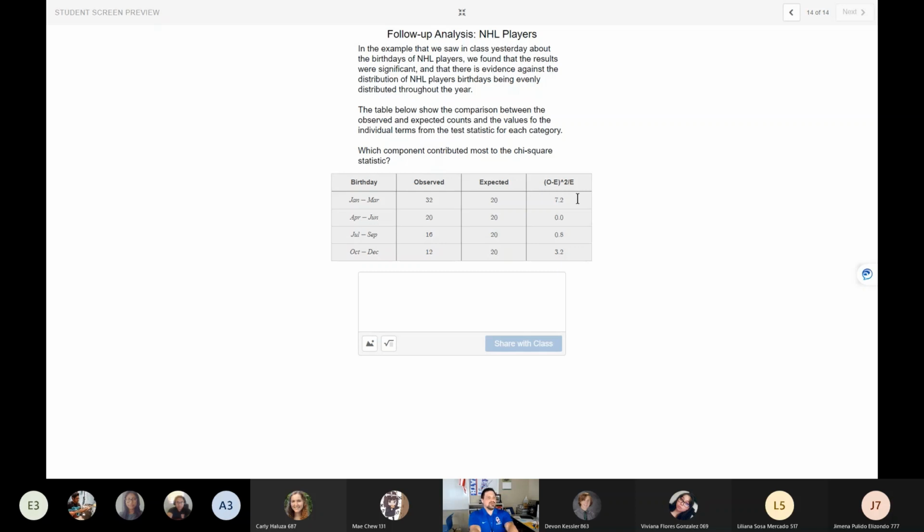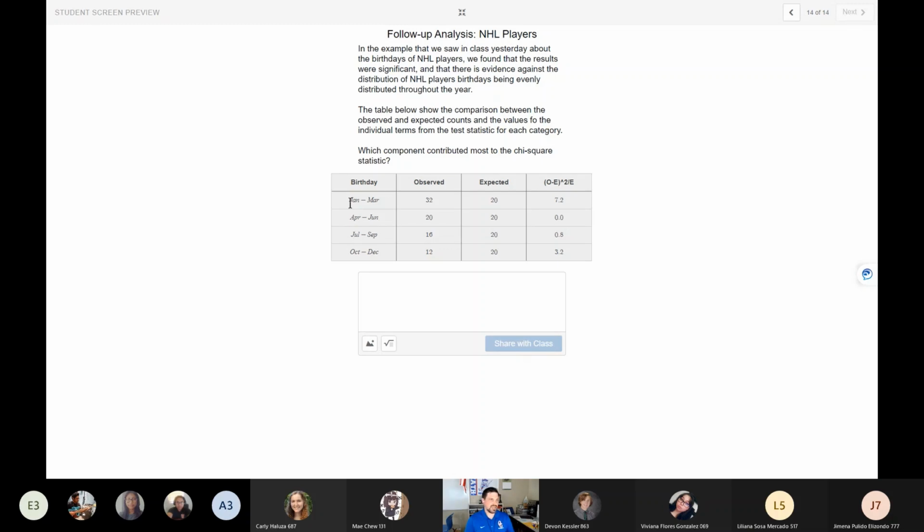This then can allow you to make a secondary conclusion. In the case of this particular study, the author wanted to find evidence saying that players born earlier in the year had an advantage and a better probability of going on to the NHL later in their career. This result supports that claim from that author.